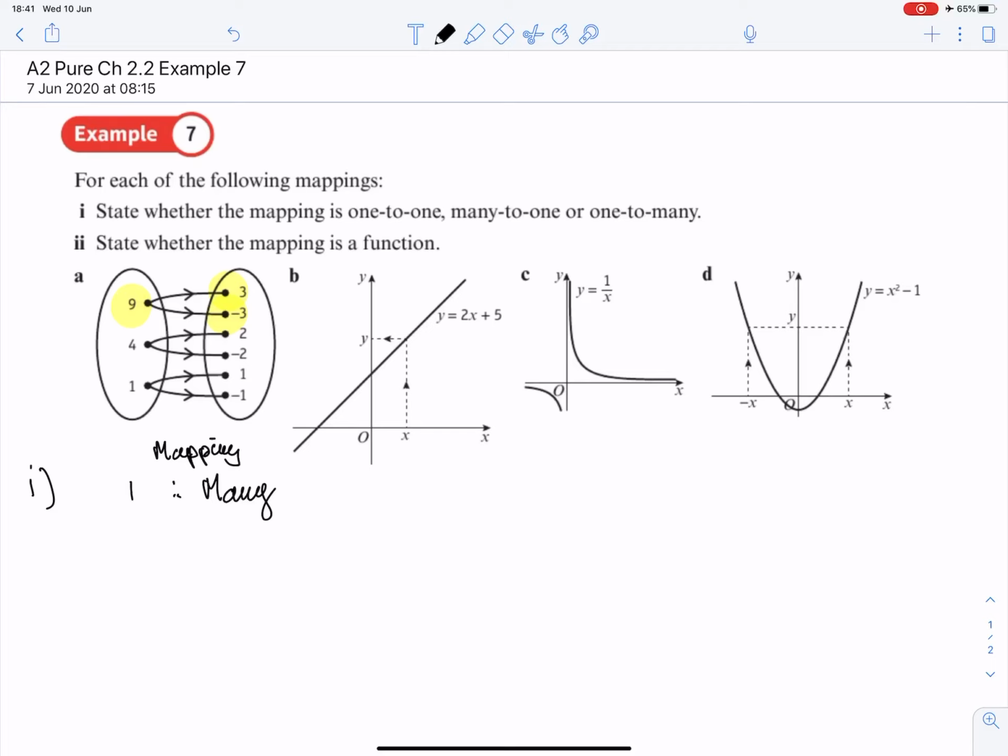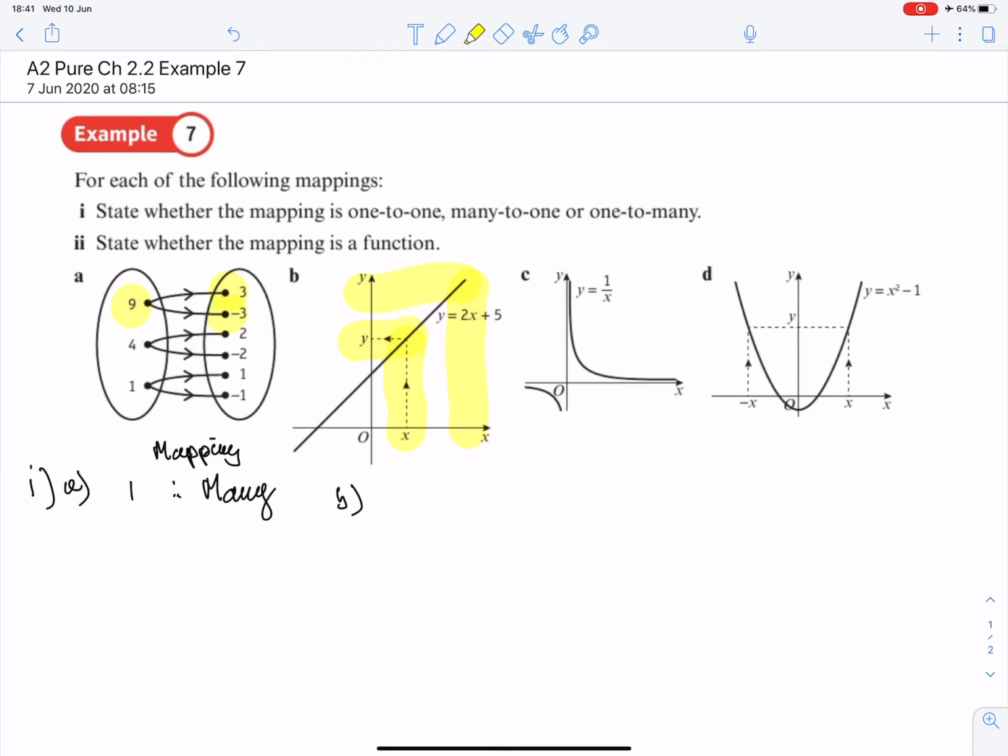If we look at B, we can see already from the dotted line that one x value gives one output, and assuming the line goes on forever, every input has only one output.